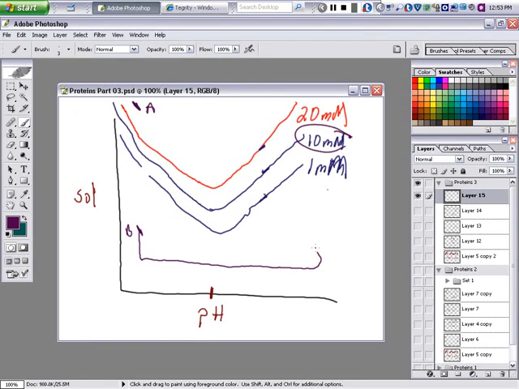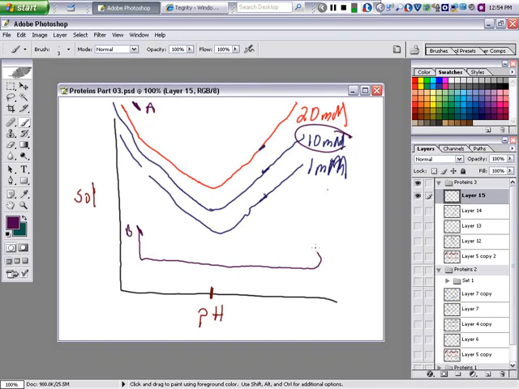Question, read. Exactly. Once you get to a certain ionic strength, like 4 molar and beyond, the salt takes the priority.